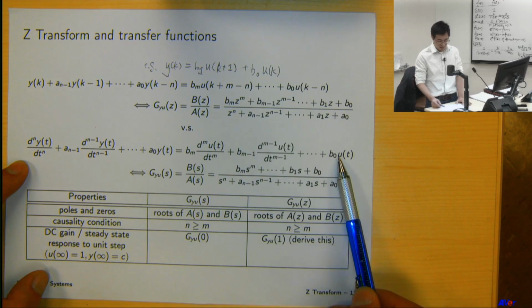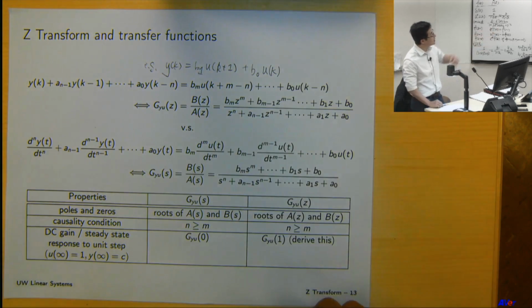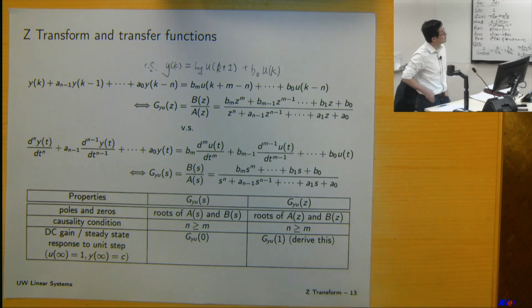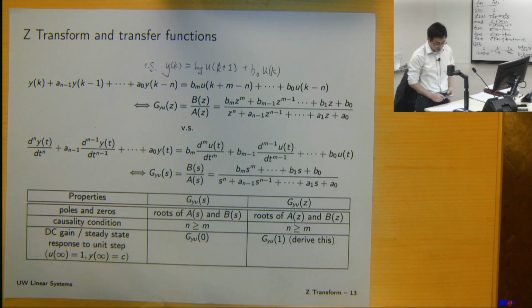Same thing for u. There's a picture on the right-hand side of the whiteboard: if you have a step function, your actual response will go through some transient and then go to some constant. The ratio between these is the DC gain.